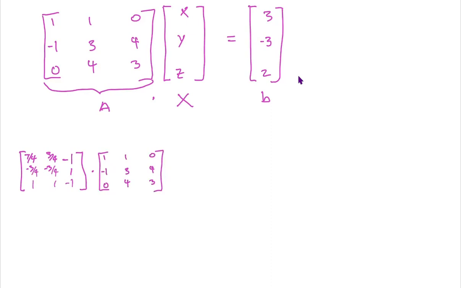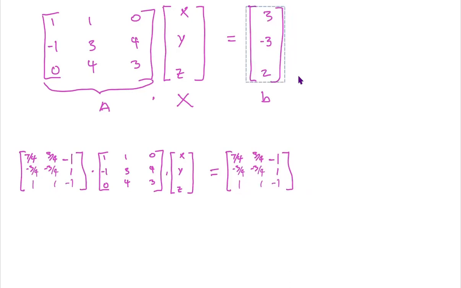okay? And then X, Y, Z. That equals the A inverse times the B, which is the second side of your equation in vector form.